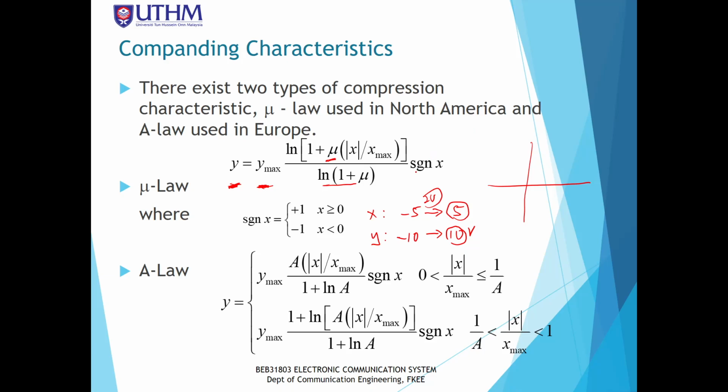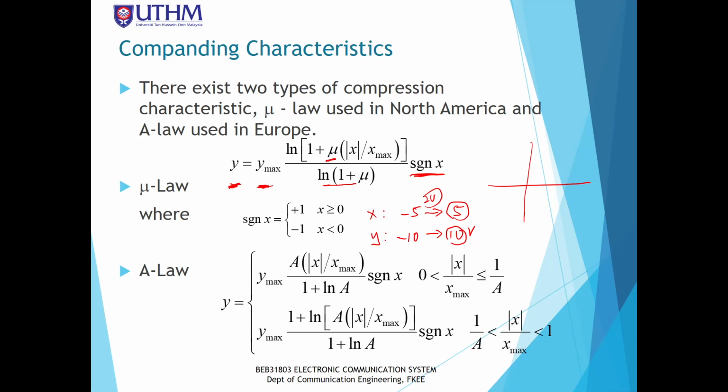SGN is the sign of X. If the X value is more than 0, it is positive; if X is less than 0, it is negative. So SGN is the signum, the polarity of X, the polarity of the input. This is for the mu law.